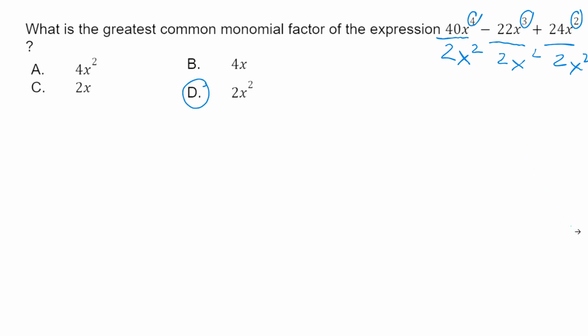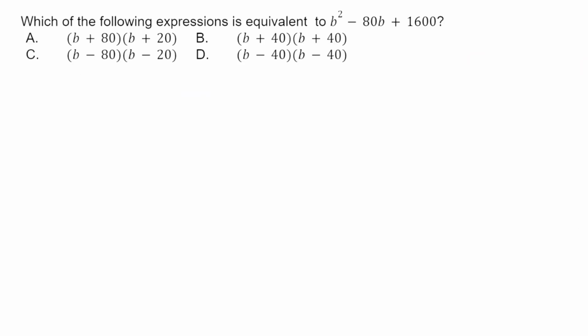Okay, next one. Which of the following expressions is equivalent, when you say equivalent, equal, right? Or the same to b squared minus 80b plus 1600. So again, the analysis here is what? This number in the middle, the negative 80, is our sum.